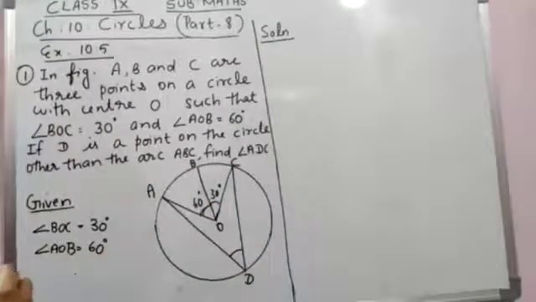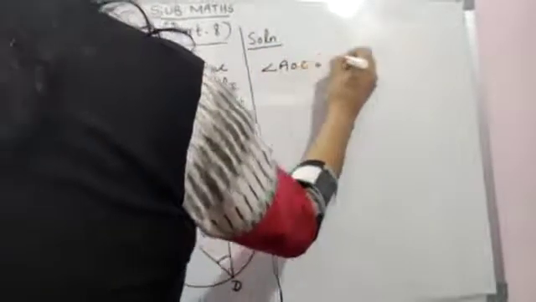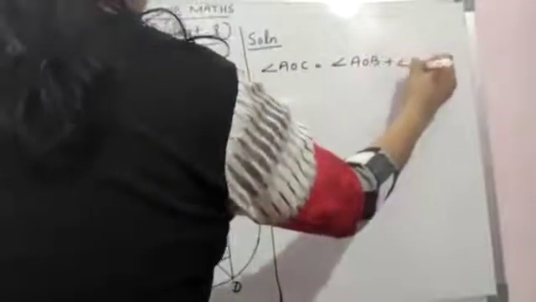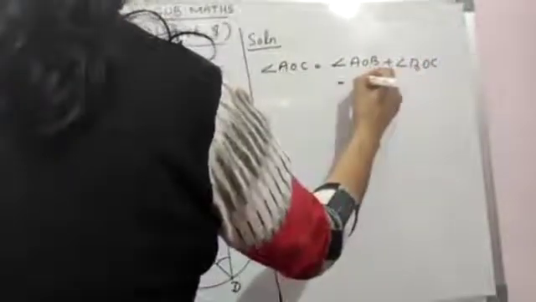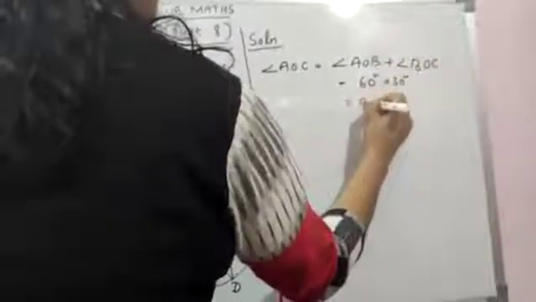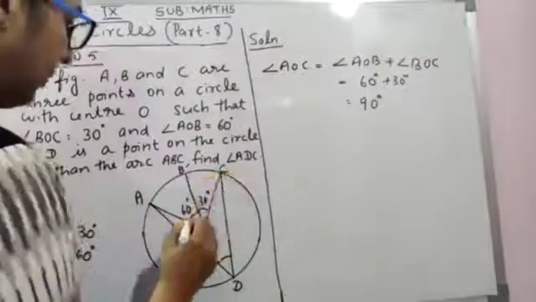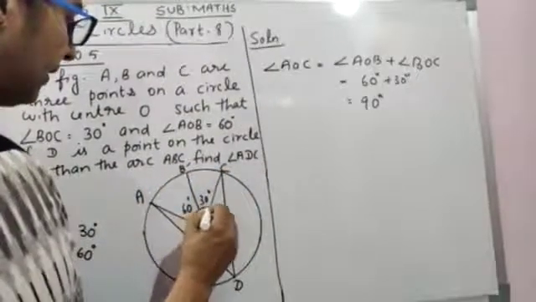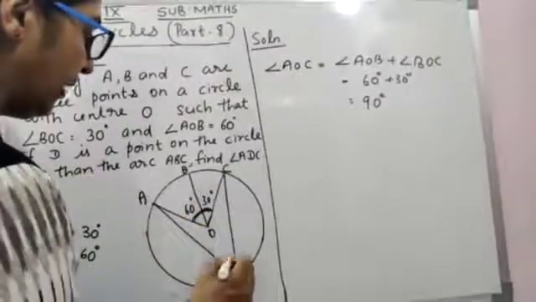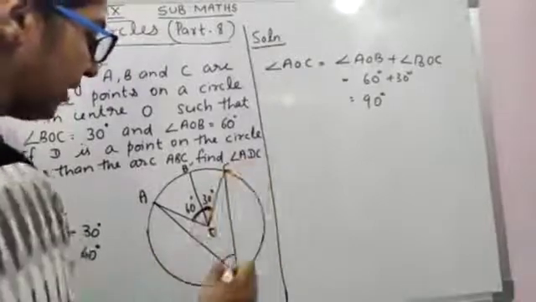Now in the solution, angle AOC is equal to angle AOB plus angle BOC. That is 60 degrees plus 30 degrees is equal to 90 degrees. Now you know that the arc ABC subtends angle AOC at the center and angle ADC at a point D on the remaining part of the circle.